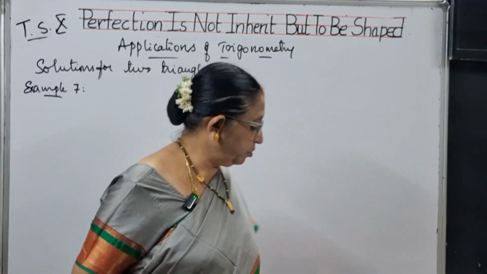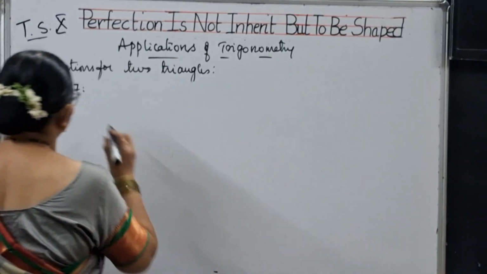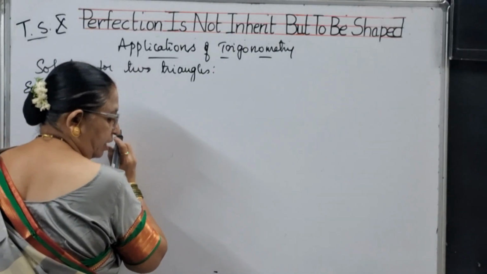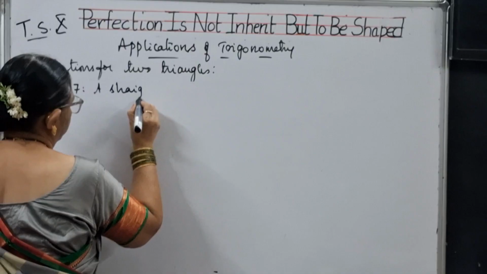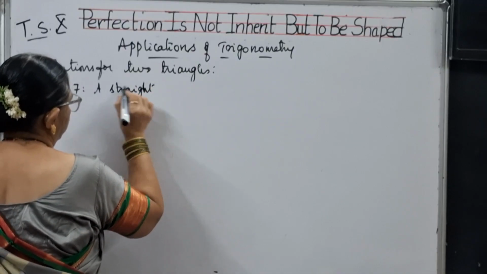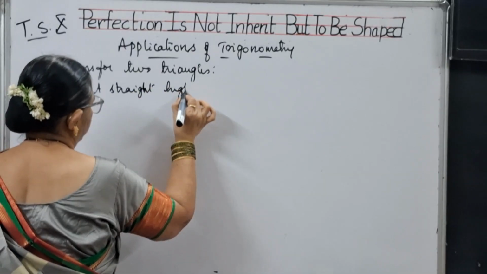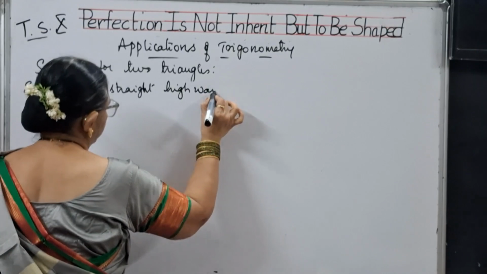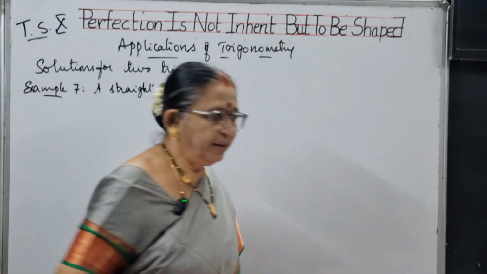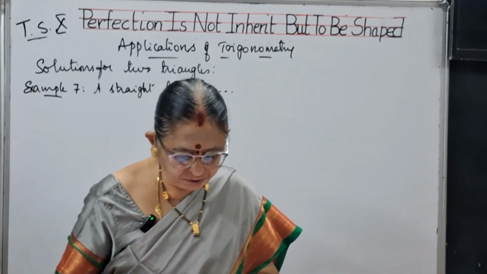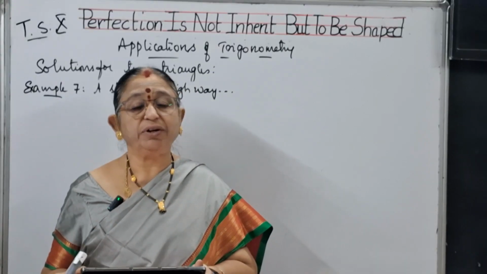Now the next problem, children. It is example 7. Let me read this problem. A straight highway leads to the foot of a tower.